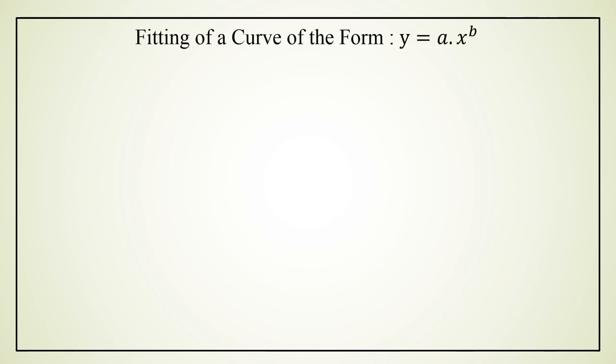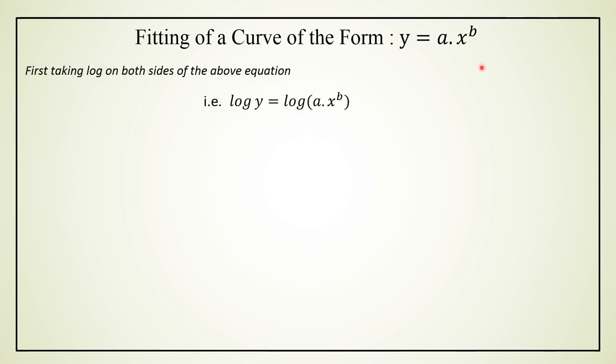Next you have fitting of the curve y is equal to a into x to the power b. Okay, let us find the normal equations of it. So first we take log on both the sides of the given equation. So the equation reduces to log y is equal to log of a into x to the power b.